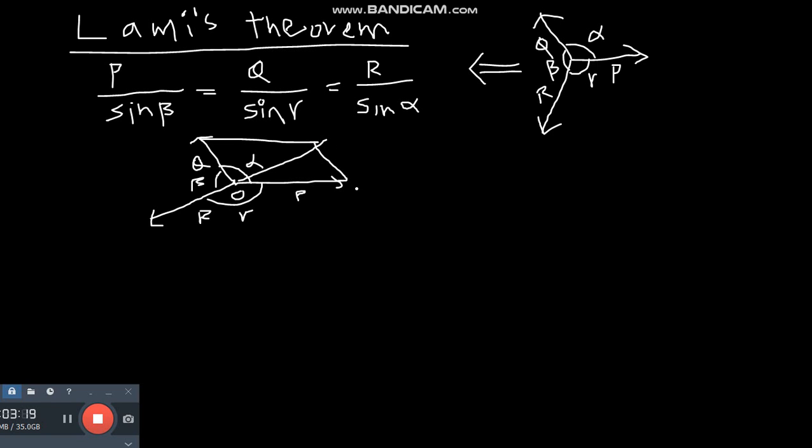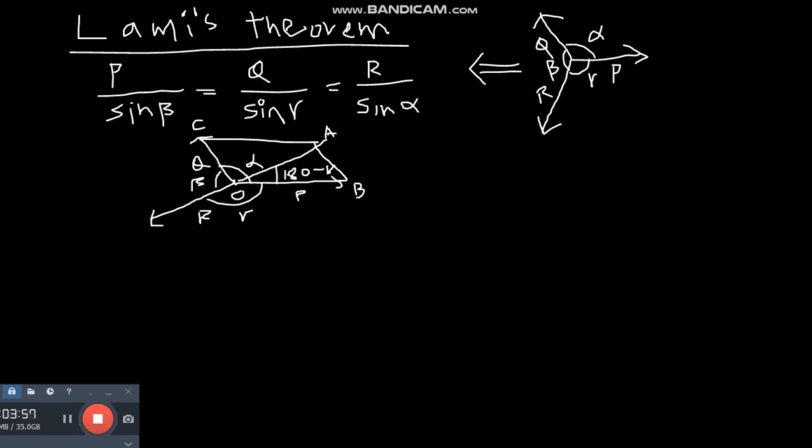I am taking this point as B, this point as A, and this point as C. Now what is this angle? It is nothing but 180 minus gamma, because this is 180, this is gamma, therefore this is 180 minus gamma.